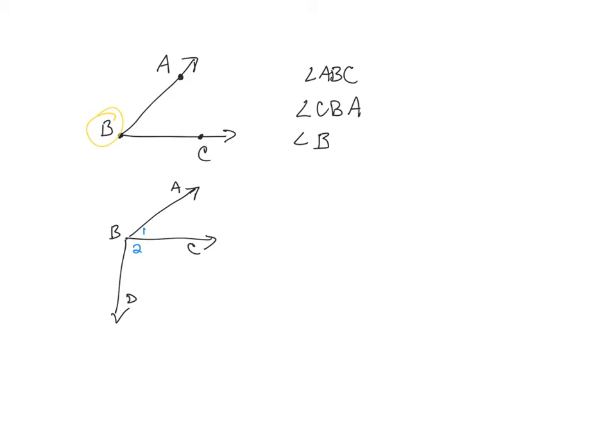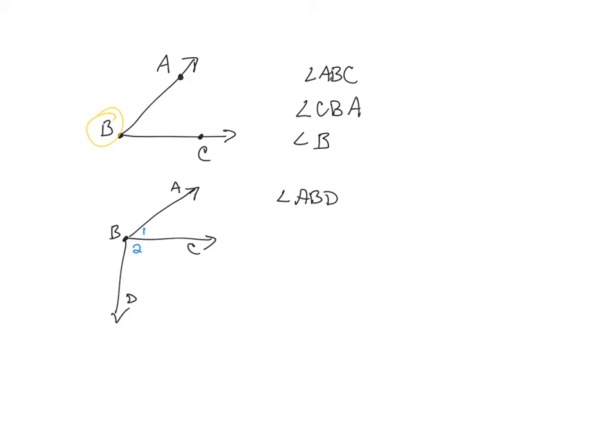So if I wanted to label the whole thing, I would have to say angle ABD. Okay, so you could say ABC, CBD, the letter combinations, but notice that B is always in the middle, and that's because it's right here on what we call the vertex.